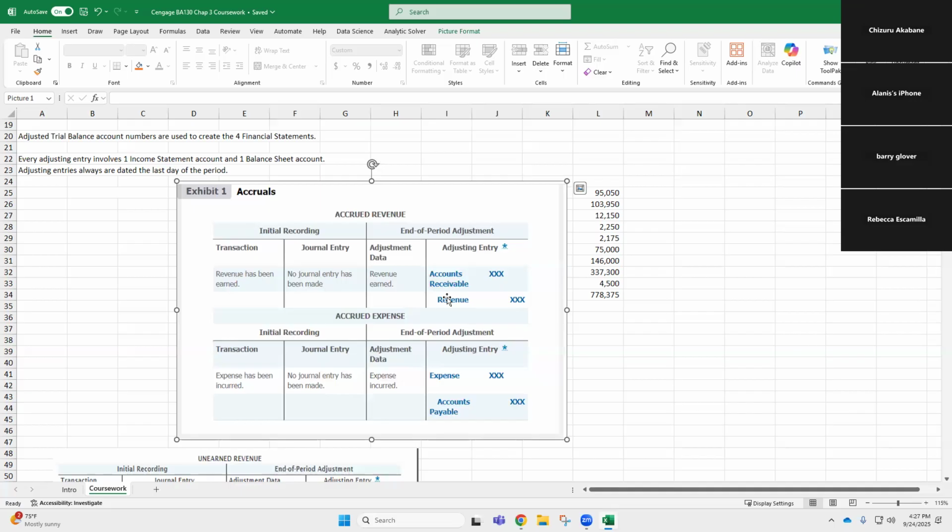So a liability, usually some kind of a payable. It might be accounts payable, wages payable, or salaries payable. It's an expense that needs to be recorded, but we have not paid the cash for it yet. Expense needs to be recorded, no cash paid.